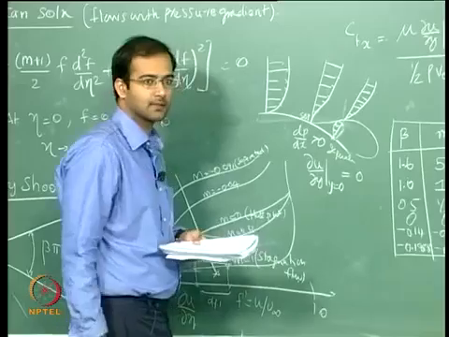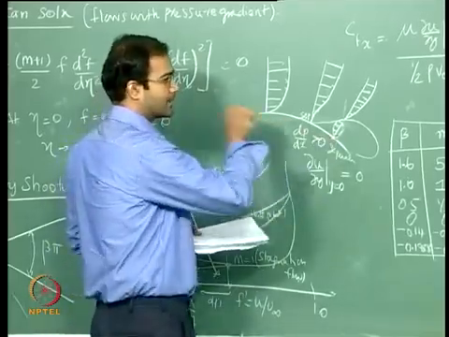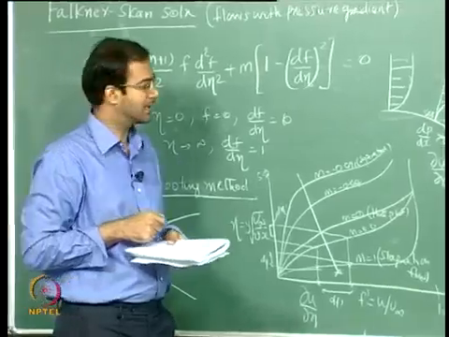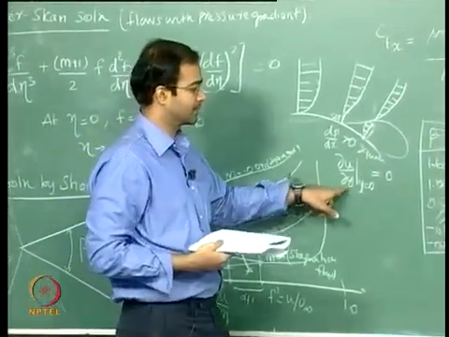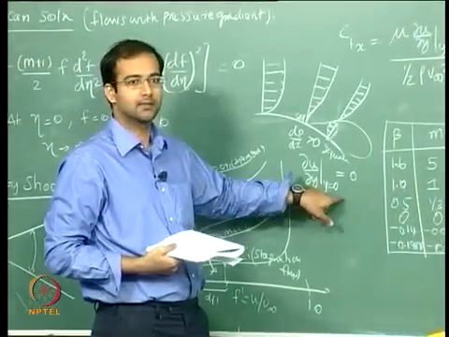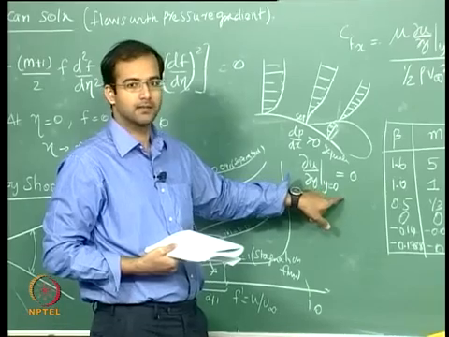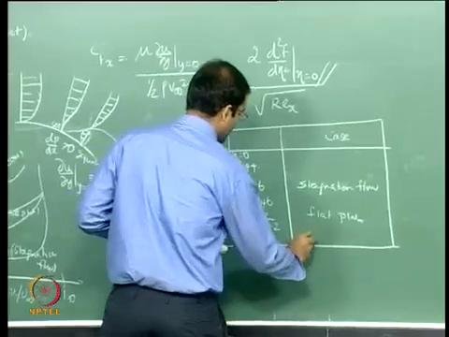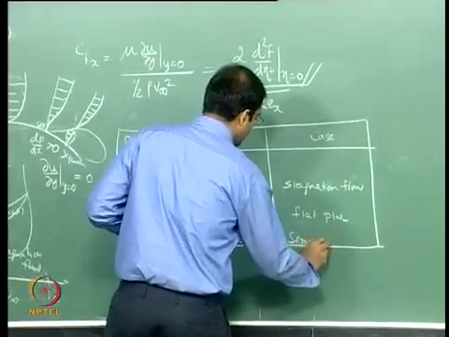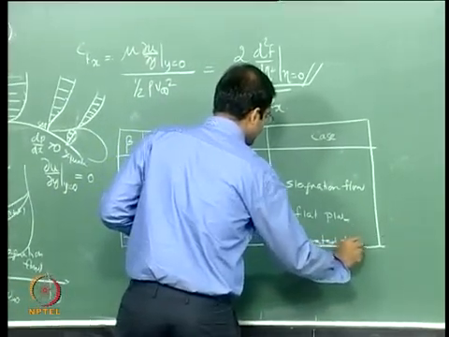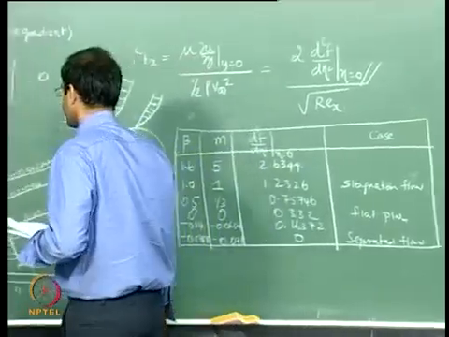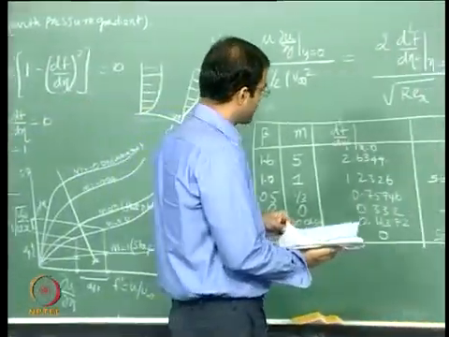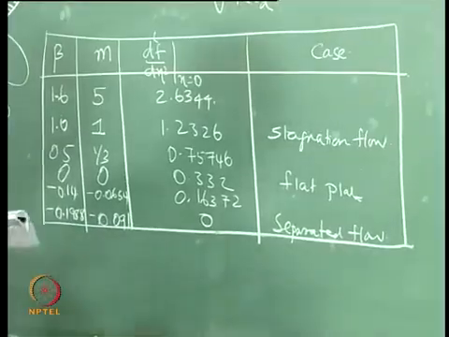This is the case. Once it is separated, what is the condition there? It should be negative. Therefore, what will happen to curvature when it is at the separation state? 0, right? So this has to be 0, and this is a separation case, separated flow. Alright, so I think this is giving you a final summary.